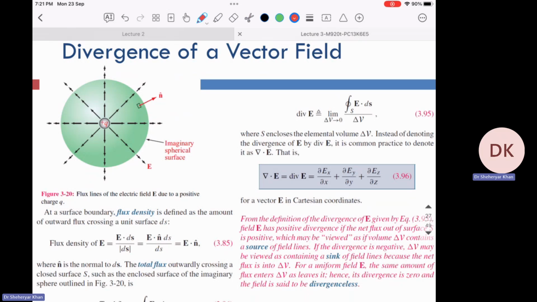Now you see every charge, or the number of charges, when they are scattered or deposited on a certain volume or sphere, you would see that there are electric field lines that are actually emitting away from the body of the sphere. So for simplicity, you can just consider a single charge source that is emitting certain electric field lines.